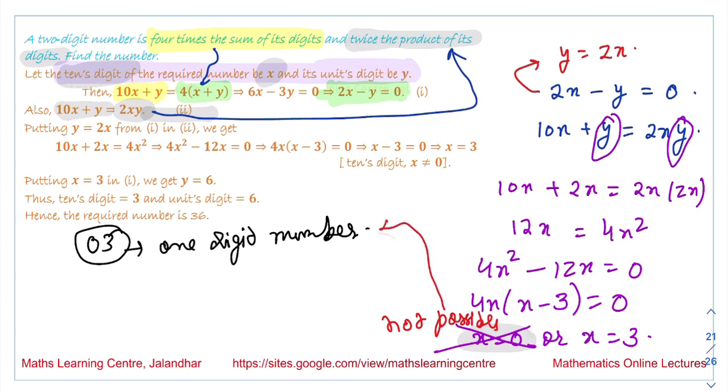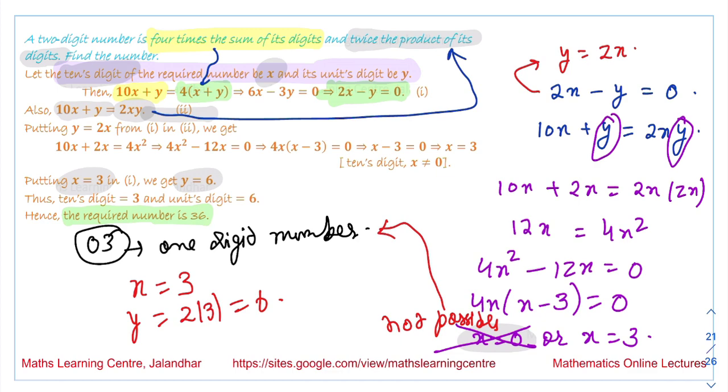So the value of x is 3. Now if we substitute x is 3 in equation 1, y is equal to 2 into 3, that is equal to 6. So we obtain y is equal to 6, x is equal to 3. So the required number is 36.